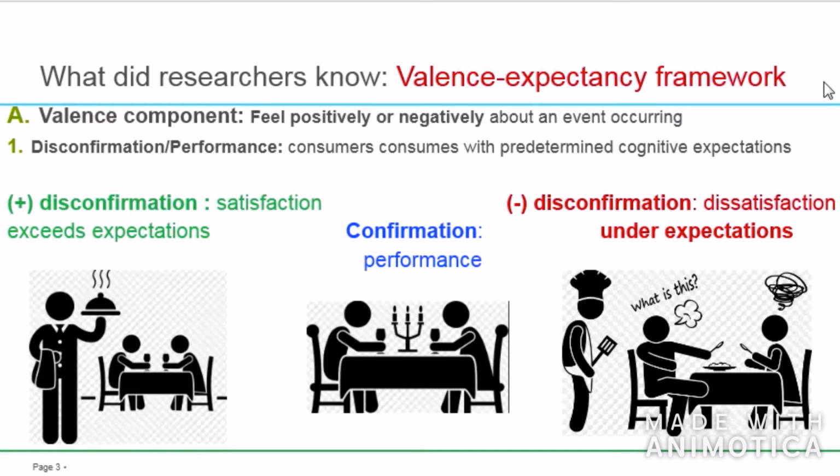In this case, he may have a negative disconfirmation just because he is used to very good quality. The case of confirmation, or performance, is when a person has the same level of expectation and feeling about the experience. He is more looking at his girlfriend than the food he's eating, and he does not even know if he was expecting better or not.